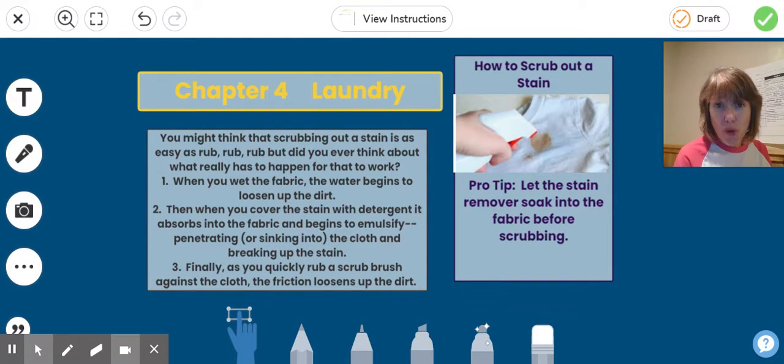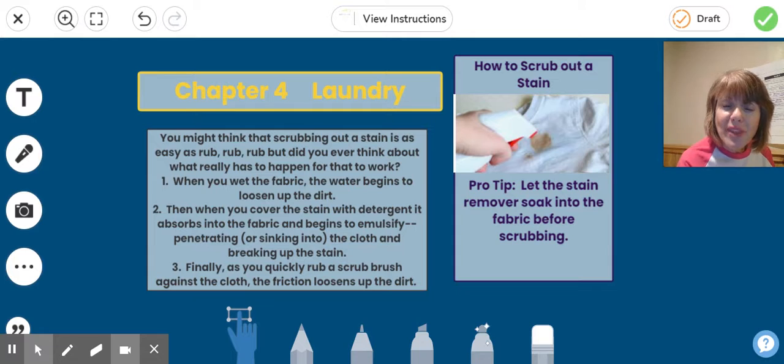I started with a question and then I wrote steps. It goes like this. You might think that scrubbing out a stain is as easy as rub, rub, rub. But did you ever think about what really has to happen for that to work? Step one, when you wet the fabric, the water begins to loosen up the dirt.